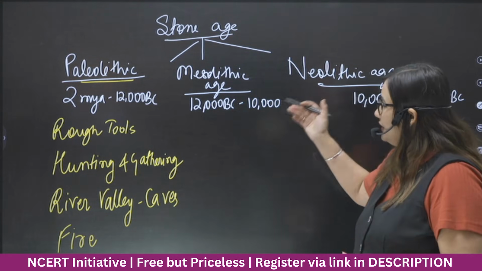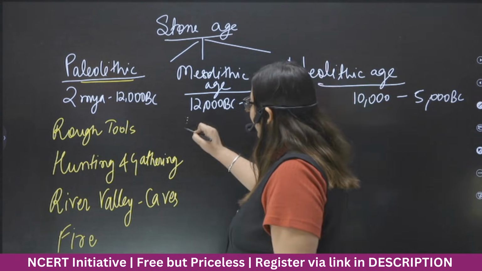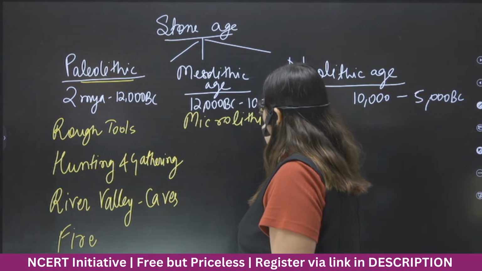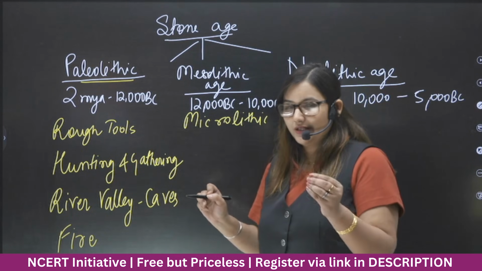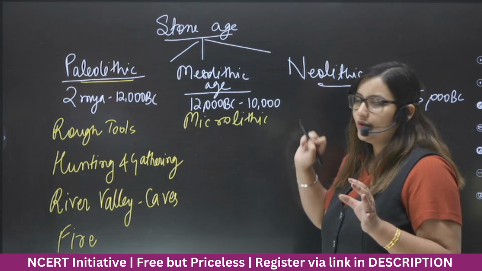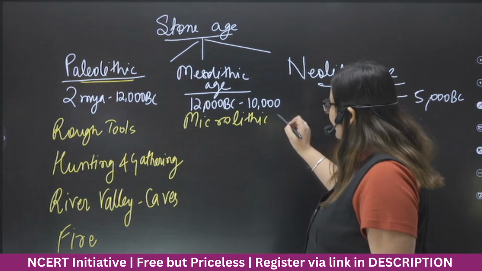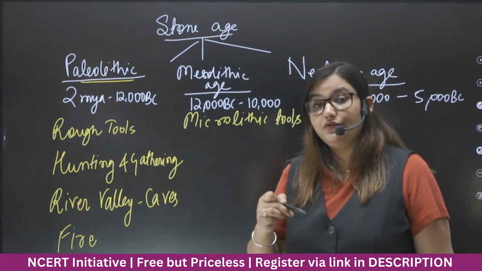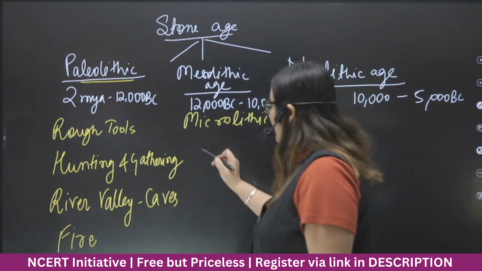So basically, in the Mesolithic age, we had microlithic tools. More precise and small tools came into existence. So here we got microlithic tools in the Mesolithic age, and people in the Mesolithic age also started fishing and domestication.